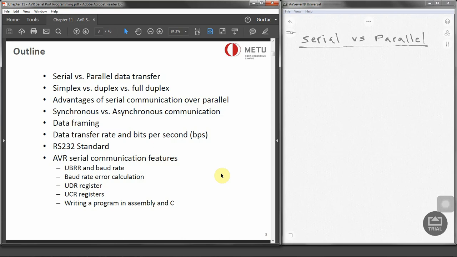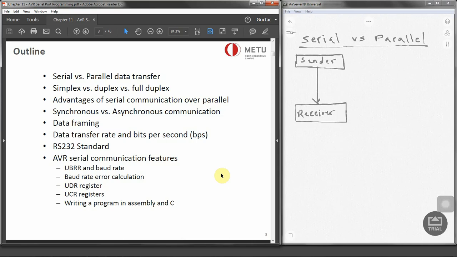When we think about serial transfer, we have a sender on one side, and a receiver on the other side. And there's one communication line that sends the data from one side to the other. So it actually transfers one bit after another.